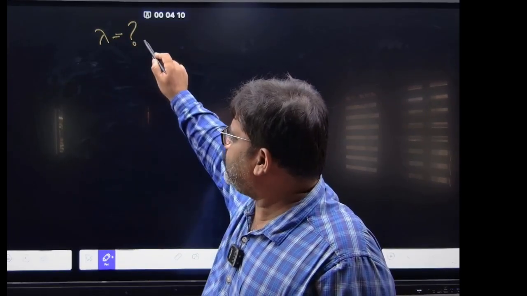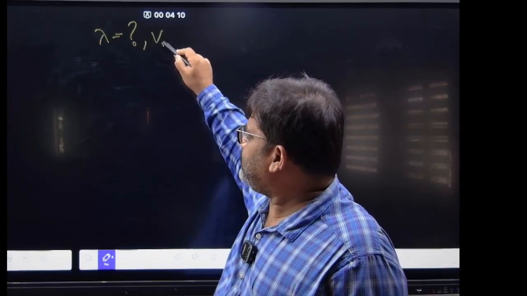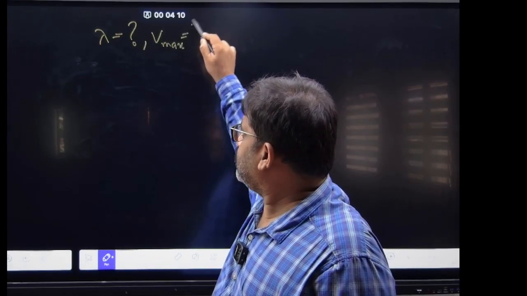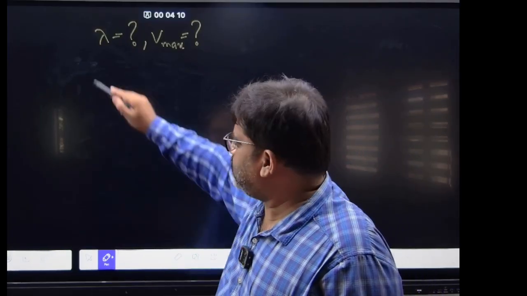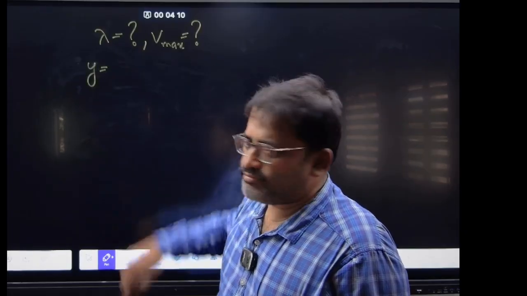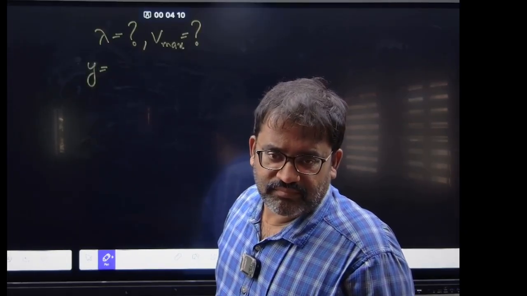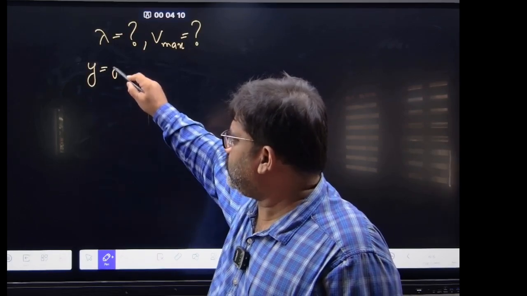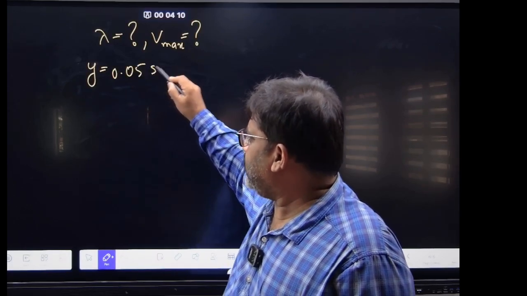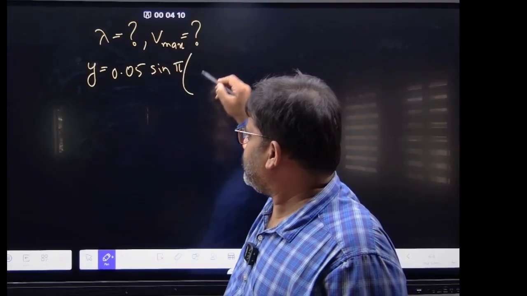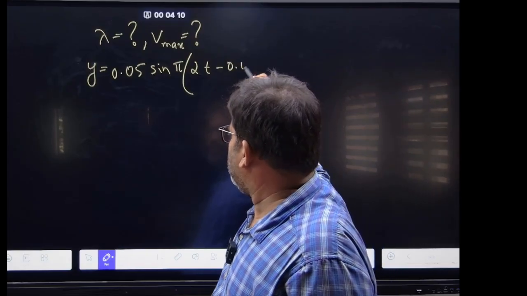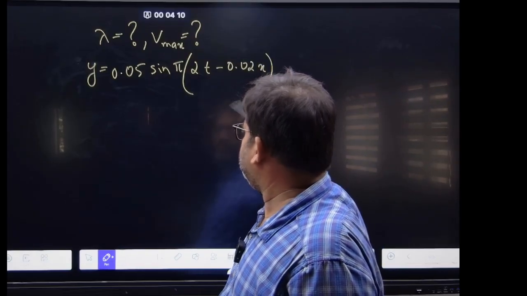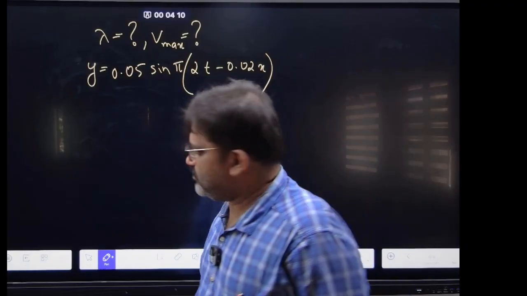And the second is maximum speed. What is the equation? 0.05 sine pi (2t minus 0.02 x).